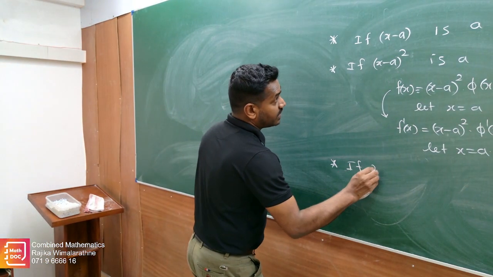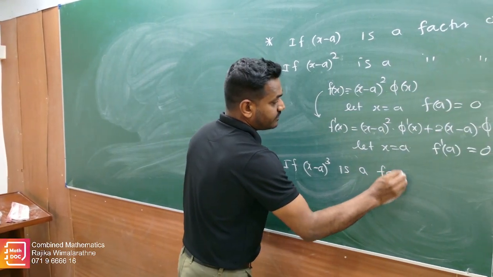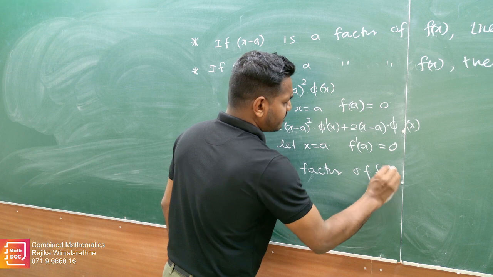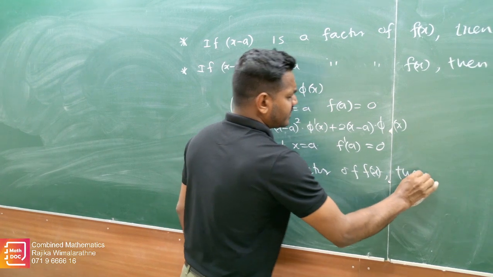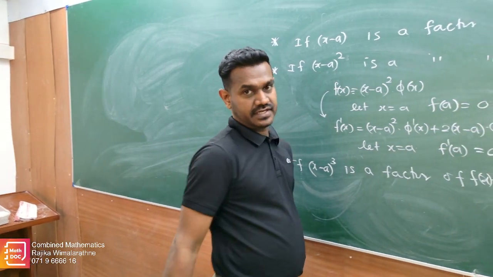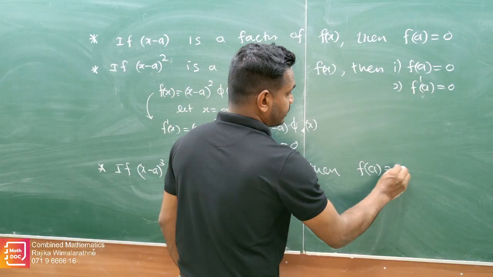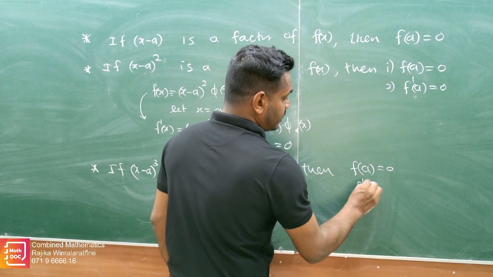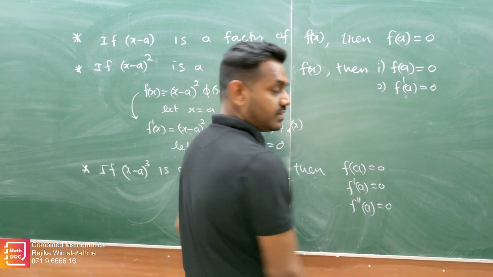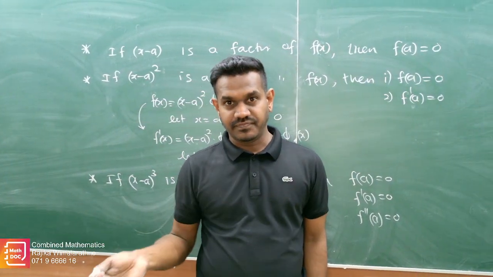If (x minus a) cubed is a factor of f x, then here it is repeated 3 times. Then you write here f a is 0, f dash a is 0, f double dash a is 0. The first derivative, you substitute a, that is 0.